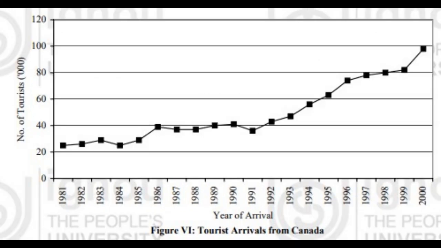4. Canada. Canada occupies the fourth position among the tourist-generating countries. The tourist traffic to India from Canada grew since 1981, at a compound growth rate of 7.4% per annum. The arrivals from this country during 2000 were 98,259 as compared to 25,358 during 1981.